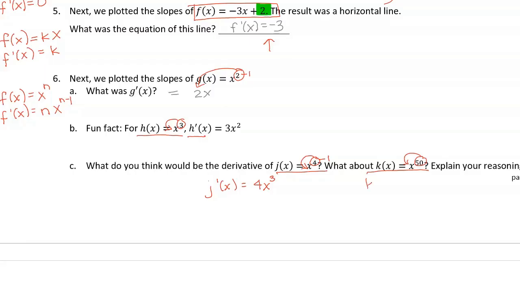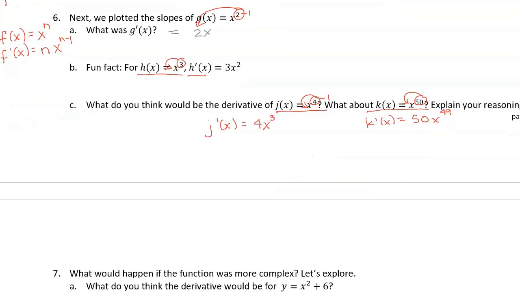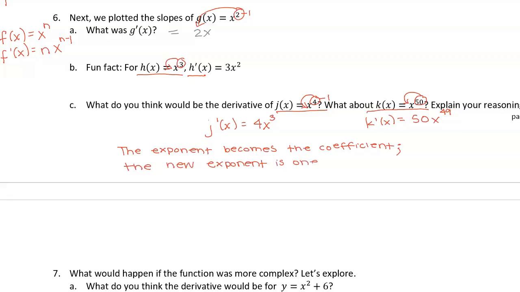Well, the 50 is going to come out front, so I have k prime of x equals 50x to the 49th, because I'm going to subtract 1 from that exponent of 50. So what's happening here? Well, the exponent becomes the coefficient. Then the new exponent is 1 less than the original.